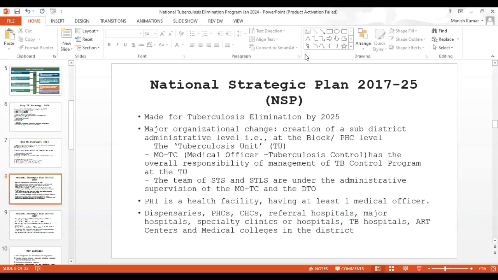In all these states, it has been decentralized to block level. Good. That is so because the TB program itself comes with a lot of responsibility and a lot of financial power. So this decentralization has basically been done to ensure that things are being taken care of.